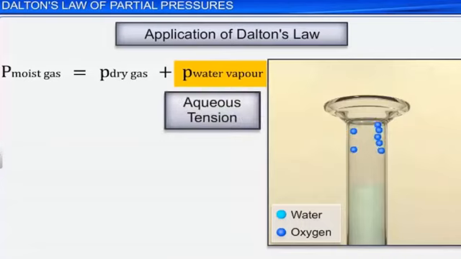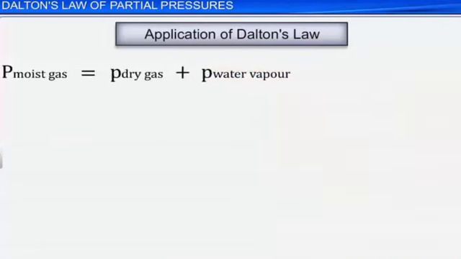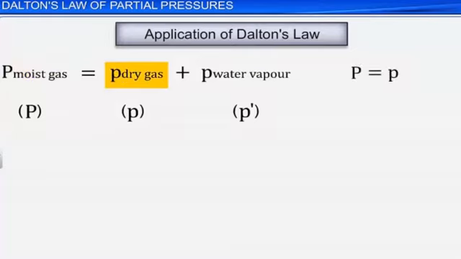If the pressure of dry gas and the moist gas are represented as P and P, and the partial pressure due to water vapor, commonly called aqueous tension, can be expressed as P dash, then by Dalton's law of partial pressures, the total pressure exerted by a moist gas, that is, P is equal to the partial pressure of the dry gas, P plus partial pressure of the water vapor, P dash.